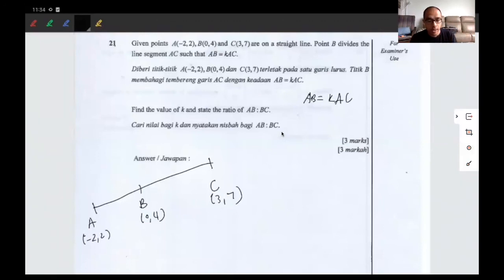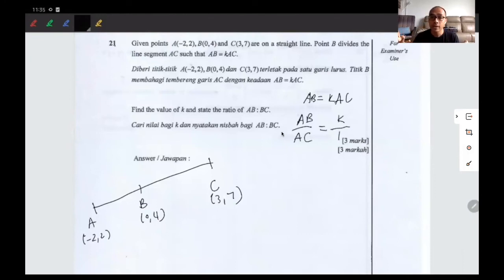Now, if I'm going to use this, let's say saya tuliskan dia balik seperti begini, AB over AC equals K over 1. Saya kasih over 1.